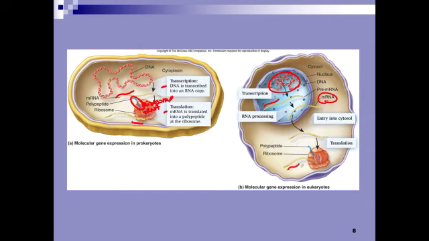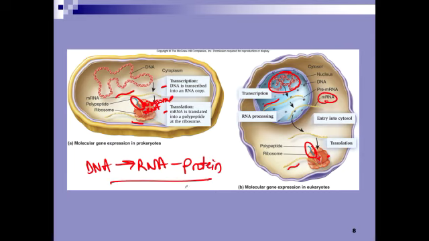So here we have our final mRNA transcript, our ribosome, our tRNA, and then of course the protein product. Regardless of which, both went from DNA to RNA to a protein. So again, our central dogma is DNA to RNA to protein.